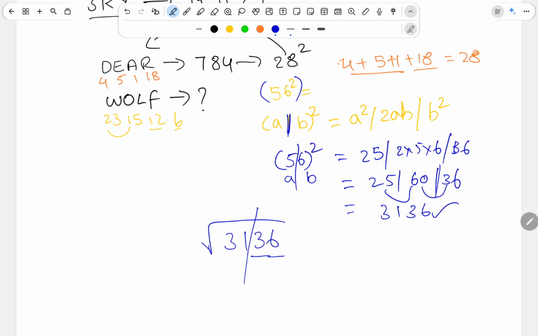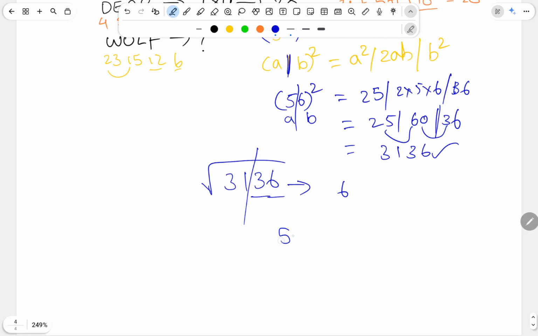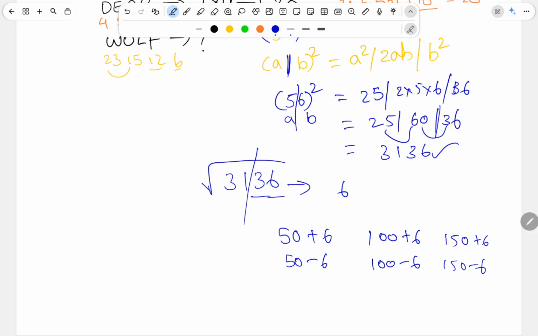On squaring which number below 25 will we get 36? That is 6. So our answer must be 50 plus 6 or 50 minus 6, or 100 plus 6 or 100 minus 6, or 150 plus 6 or 150 minus 6. It goes like that.